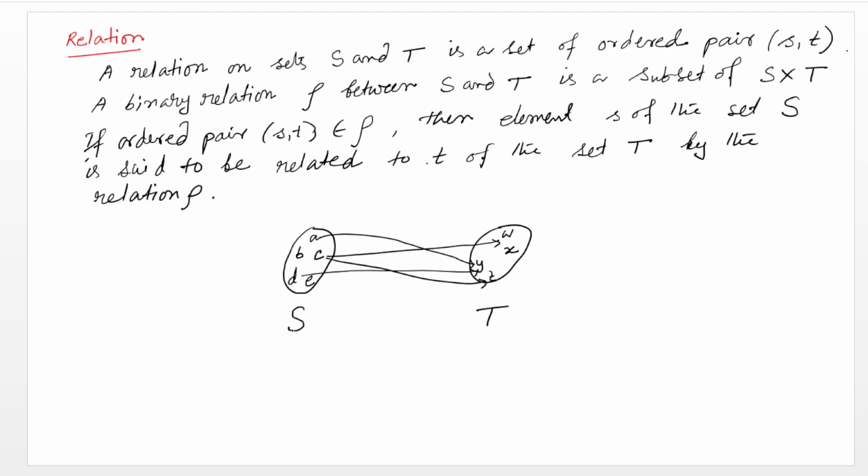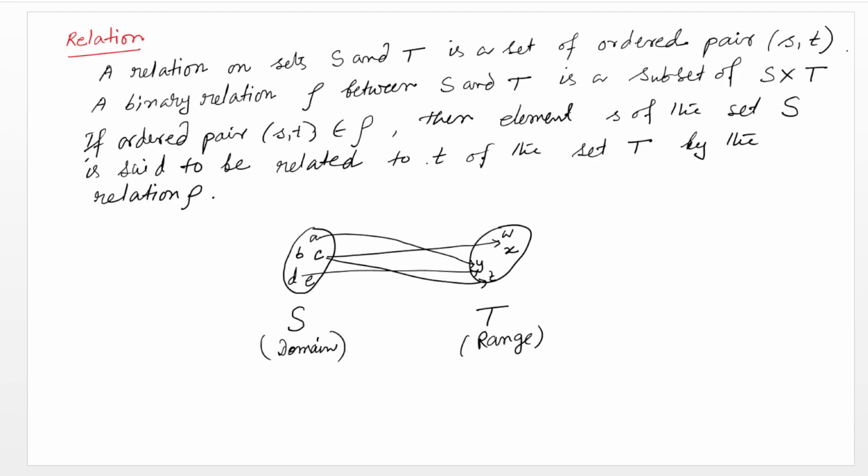So this is called the domain and this is the range: the set of all first elements and the set of all second elements.